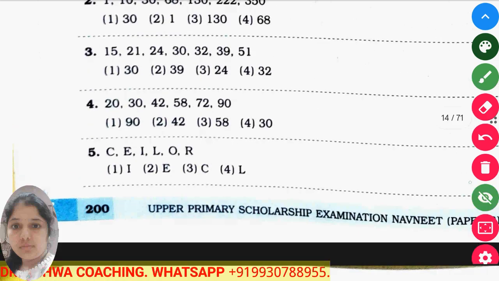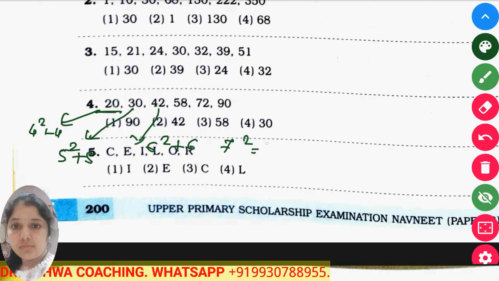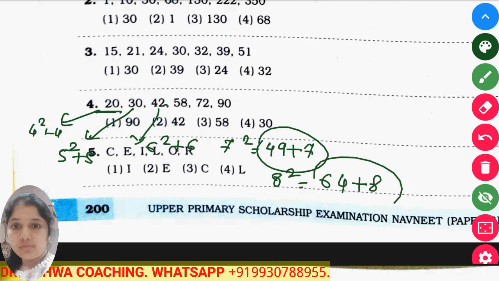Now see, again here squares of the numbers are related to this series, means 4 square plus 4, 5 square plus 5, 6 square plus 6, 7 square is 49 plus 7, 58, 8 square is 64 plus 8, and 9 square is 81 plus 9.